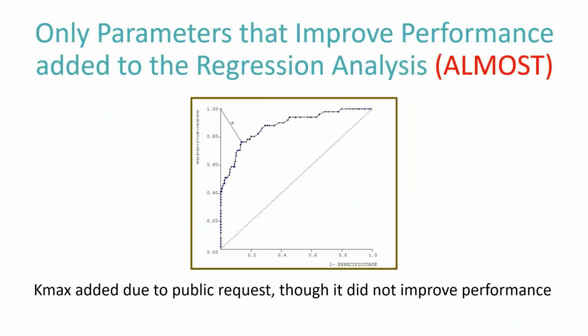Well, that's not completely true. Kmax actually did nothing to the regression analysis. It was just that people kept asking for Kmax because they were used to using it. But actually, if you look at the ROC curve of Kmax, it's a very poorly performing parameter, and it's a very low weighted parameter in the regression analysis.